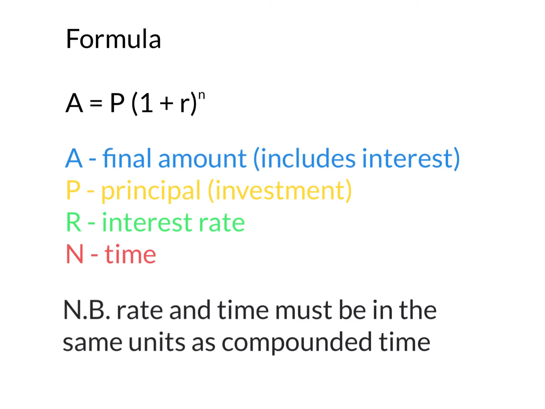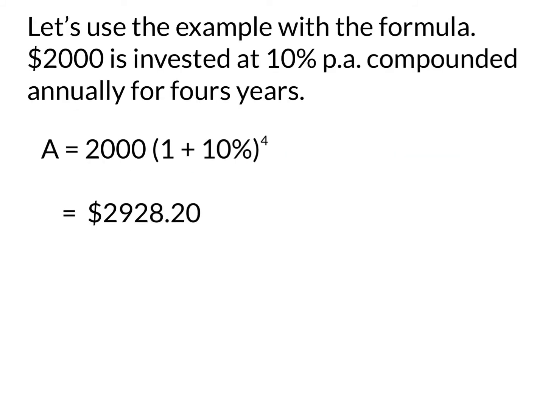So note, out of that, the rate and time must be in the same units as the compounded time. So let's use the example we've just done before. Remember we invested $2,000 at 10% per annum compounded annually. So we're going to note that. What it's compounded, that's what the units need to be in, and it's for 4 years.